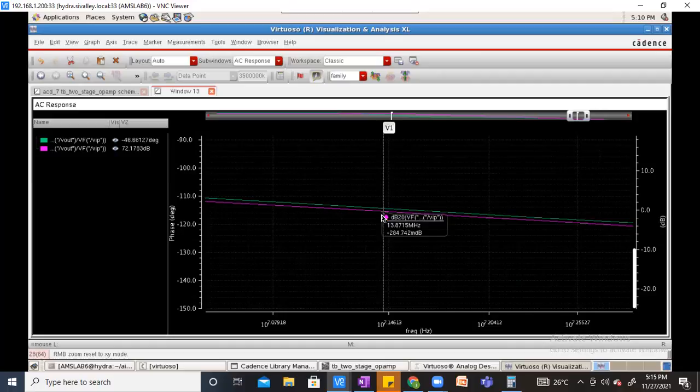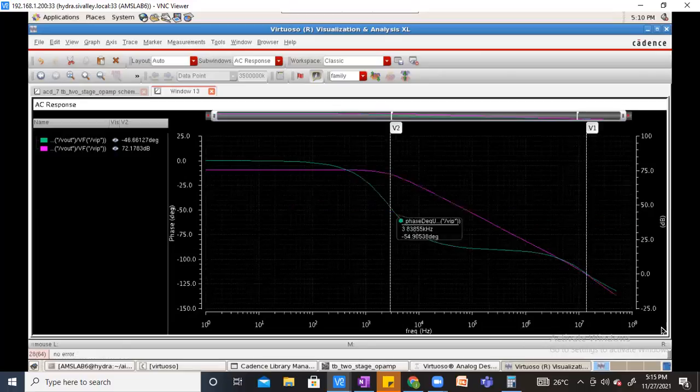That will be the unity gain bandwidth. For the phase margin, use the same cross function and take 180 minus the phase at which this unity gain bandwidth exists. That will be your phase margin.